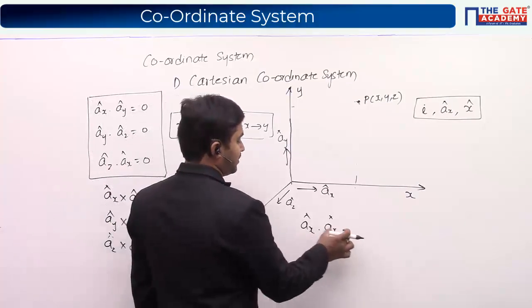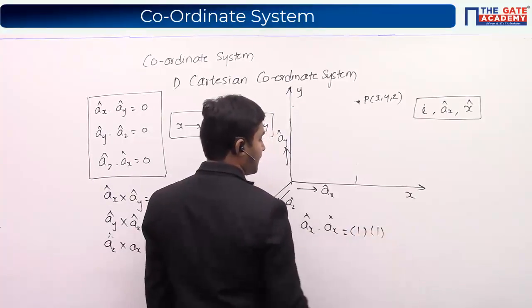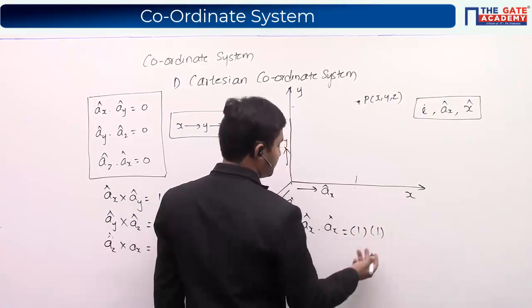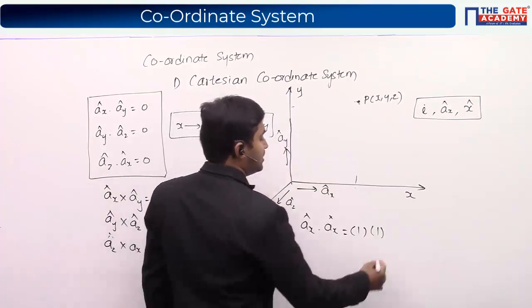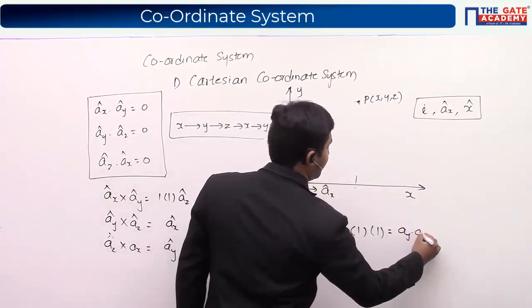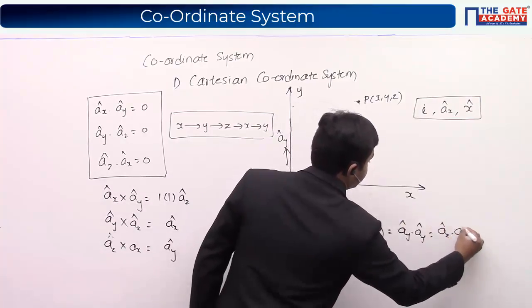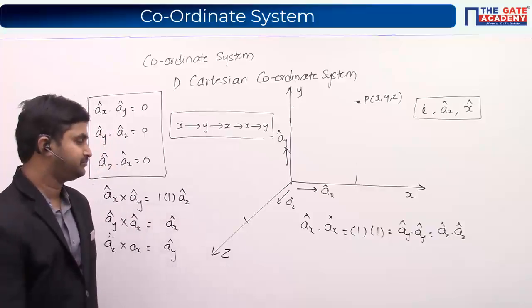So the magnitude of this is 1, the magnitude of here is 1, the angle between both of them is 0, so cos 0 is 1, and there is no direction because it's a dot product, scalar product. And same with ay dot ay, and same with az dot az. Completely it is going to be equal to 1.